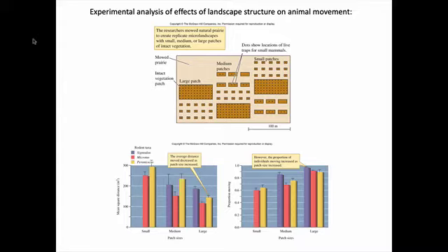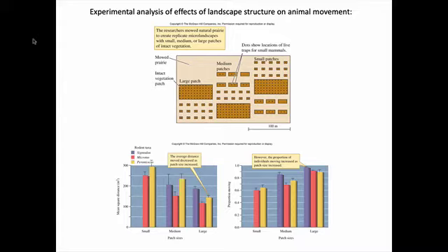So last time we left off talking about the influence of patch size in a landscape and what it does to populations and why it's difficult for organisms to deal with really patchy, fragmented environments. And what we saw here was we had large patches, medium patches, and small patches. And there was a trend that worked against the animals living in the small patches.